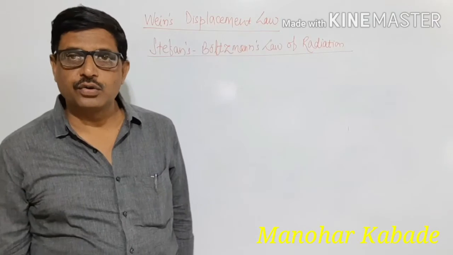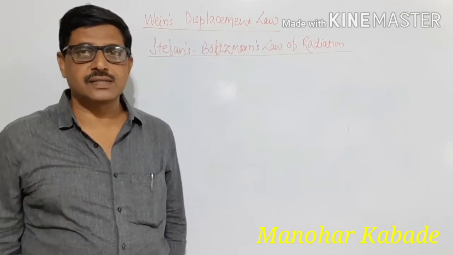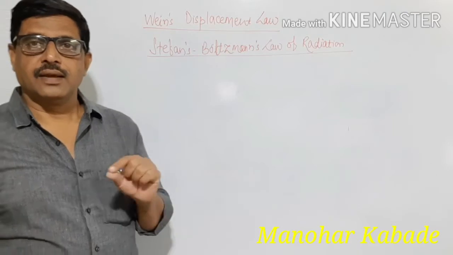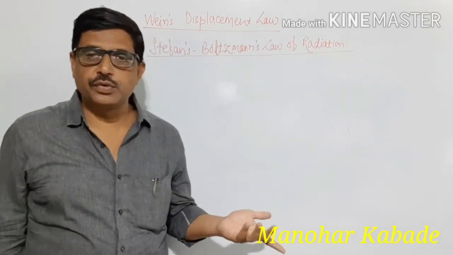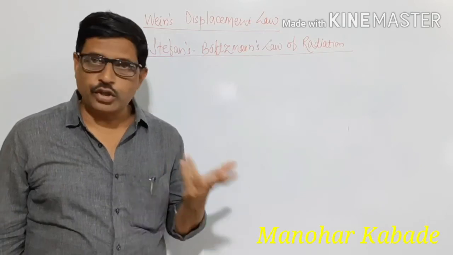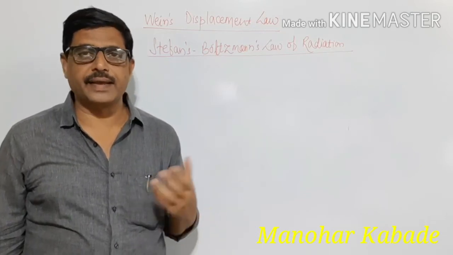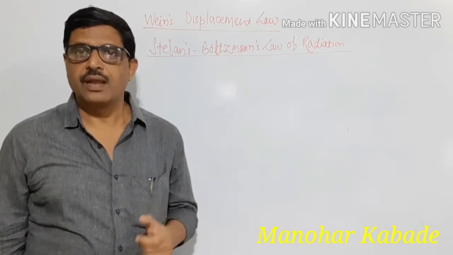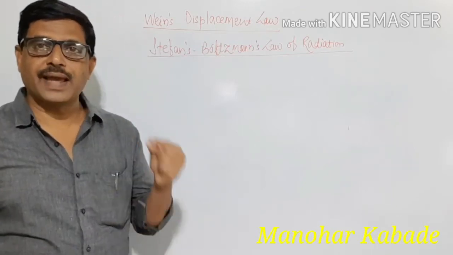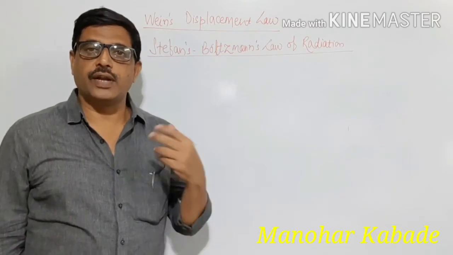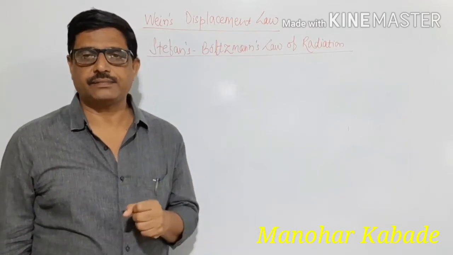The things that are known to us from our previous lectures are: the black body radiates maximum energy. A black body radiates energy at all temperatures, and the radiation of a black body at any temperature consists of different wavelengths.